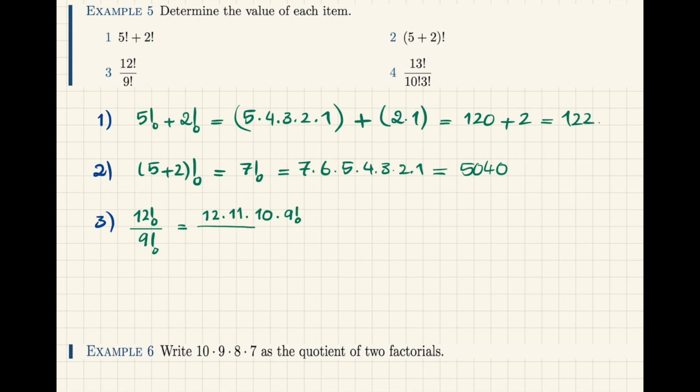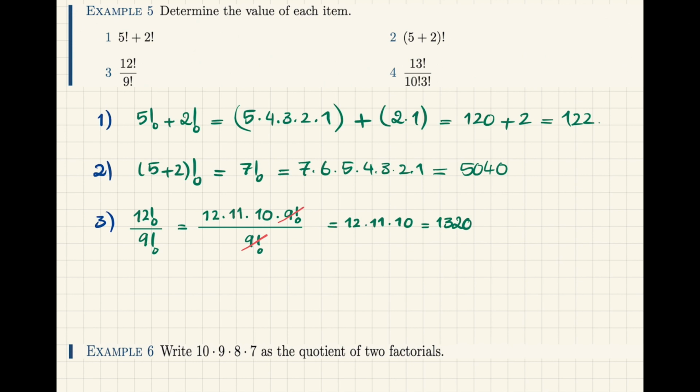It's good to stop there. And then divided by 9 factorial, because whatever 9 factorial is, it is common in the numerator and the denominator, so these two can be simplified. What is left for me is simply 12 times 11 times 10, which is 1320.